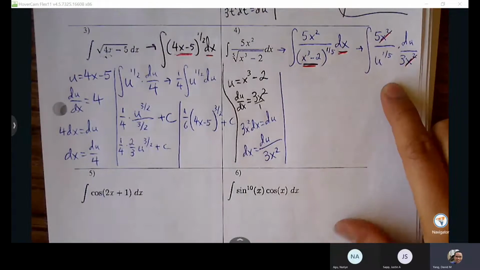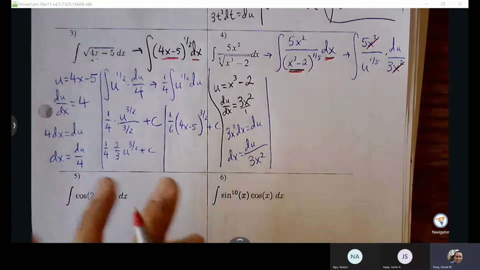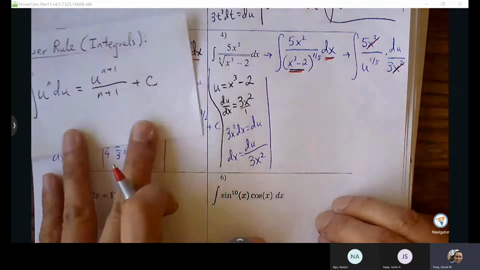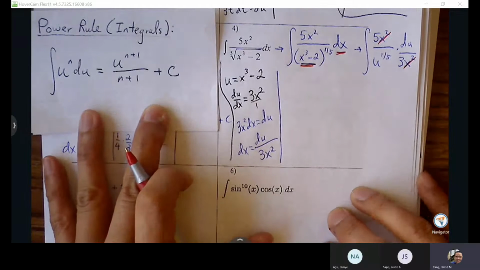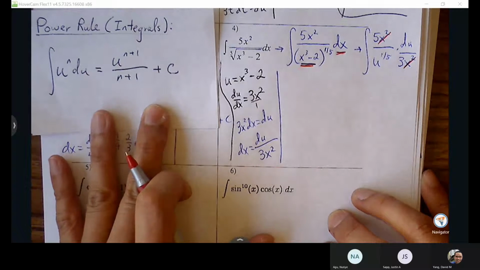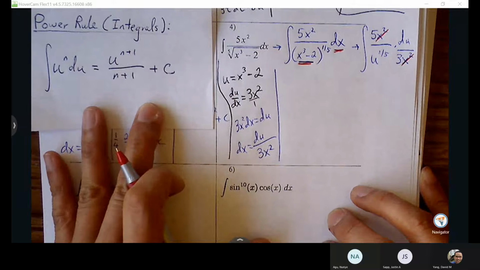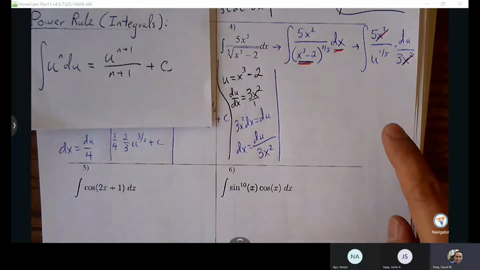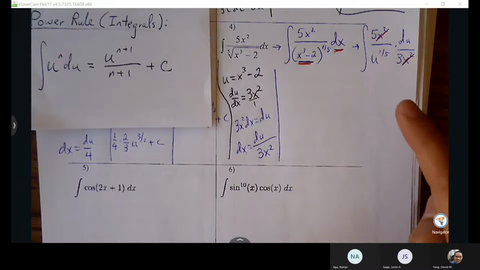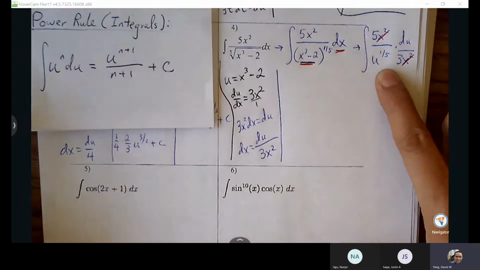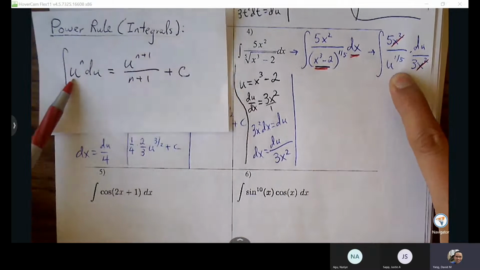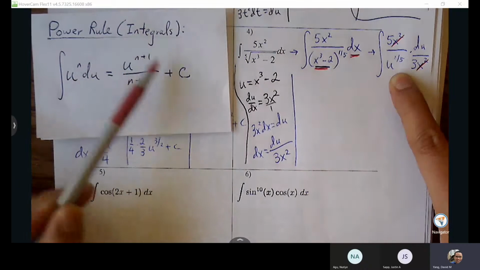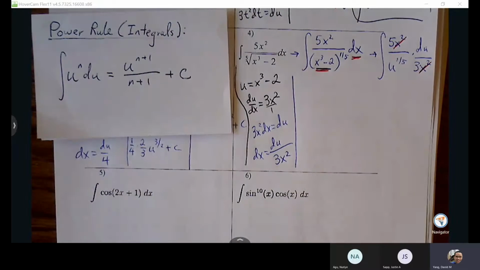There's a coefficient of 5/3. Now, looks like we want to be targeting power rule, but is something still out of place for power rule? Yeah, we can't do power rule if the variable's in the denominator. We got to force it up before we can do this rule, right?